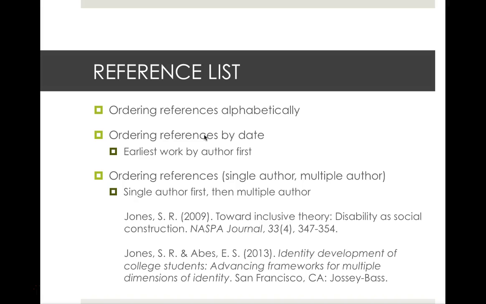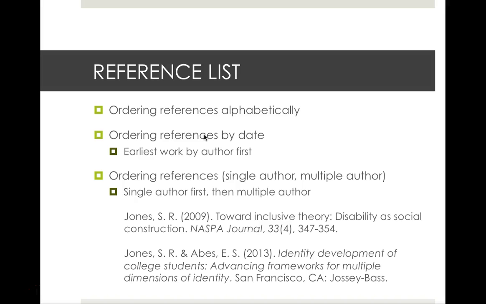It's important when you're done with your document that you list on a reference list all of the sources that you've utilized in text. You need to make sure that you're ordering your references alphabetically, and that you order references by date of publication. What this means is that if you use more than one source by the same author, you want to list the earliest published work first, followed by the latest published work last.